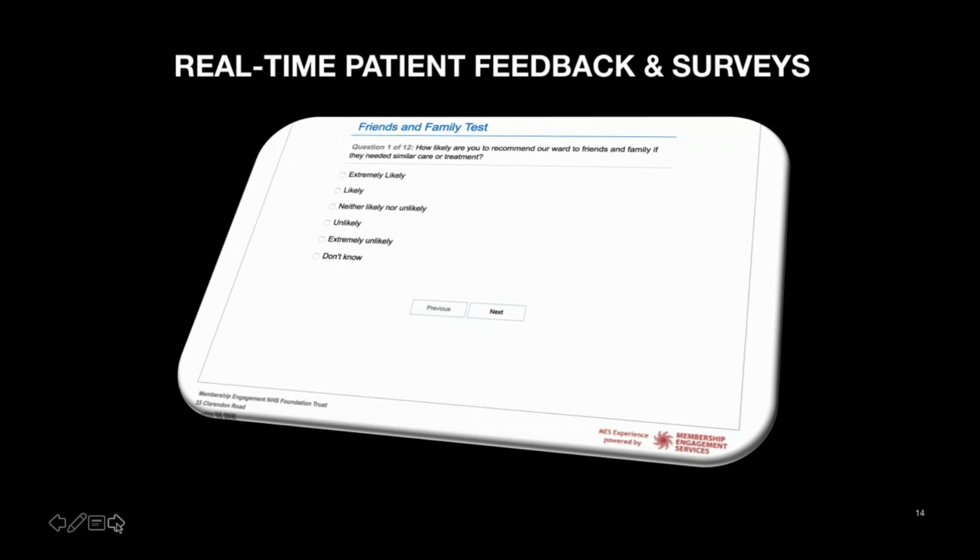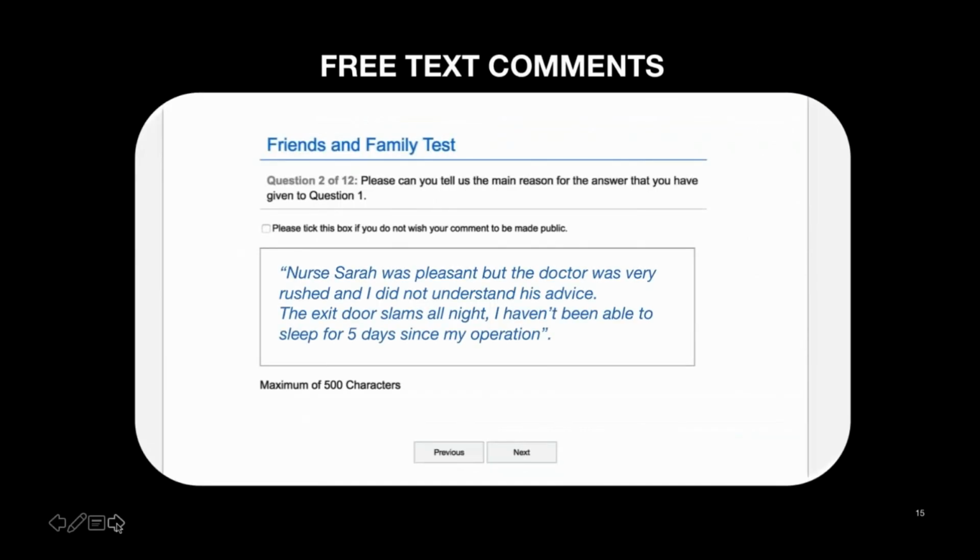Largely, they're quantitative, but what's very important now is the growing use of qualitative questions. That is, having free text fields within your question sets that give you some very important information. I'll let you read that for a second.